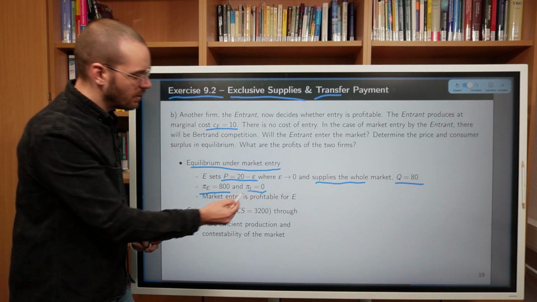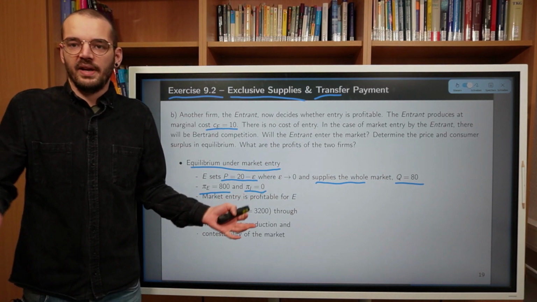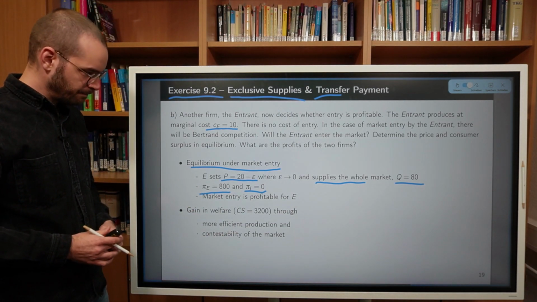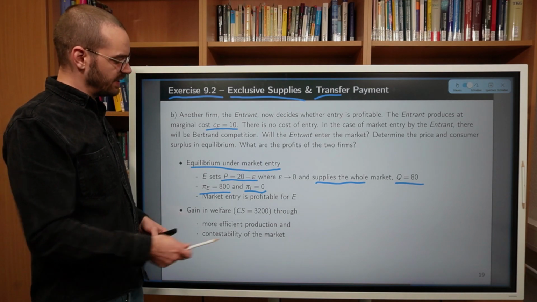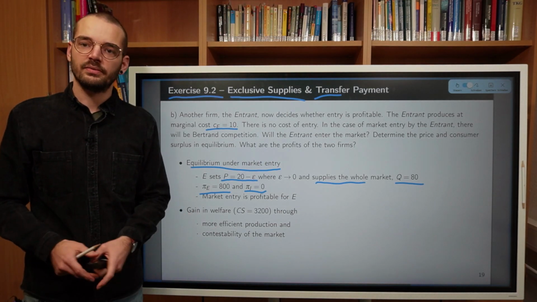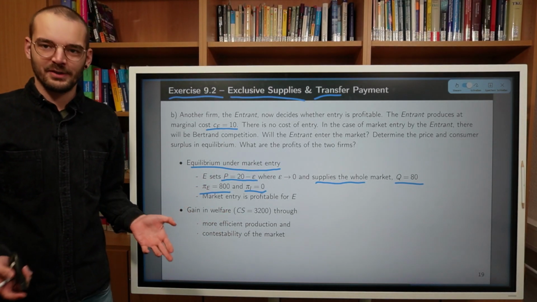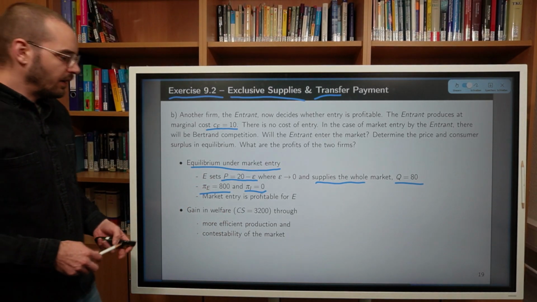The incumbent, however, because they sell nothing, given Bertrand competition and undercutting, will make zero profits. So in this case, we can immediately tell that market entry is profitable for the entrant E, because a profit of 800 is more than a profit of 0.